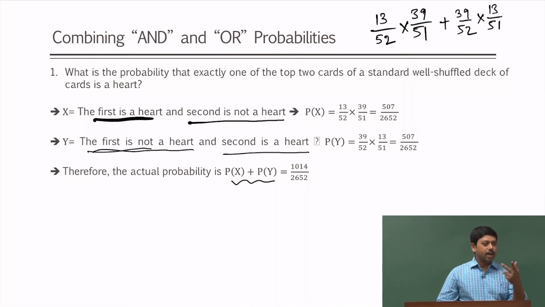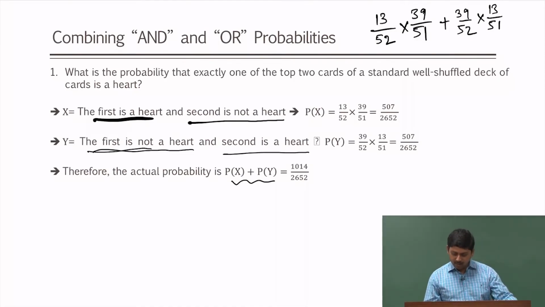You understand? If I get two hearts, it is not helping. If I get no heart, it is not helping. So, if I subtract those probabilities, only one possibility remains, that exactly one of them is a heart.